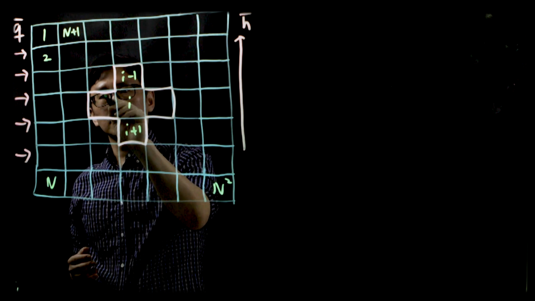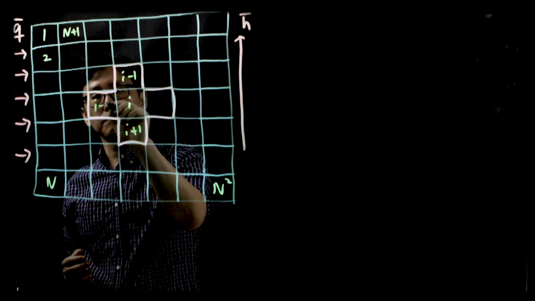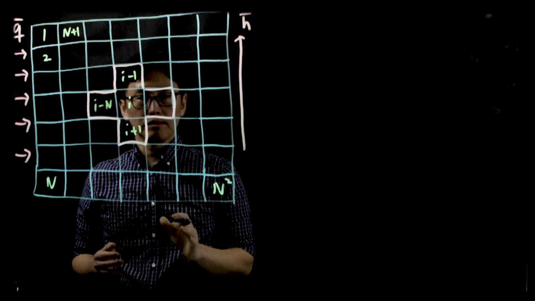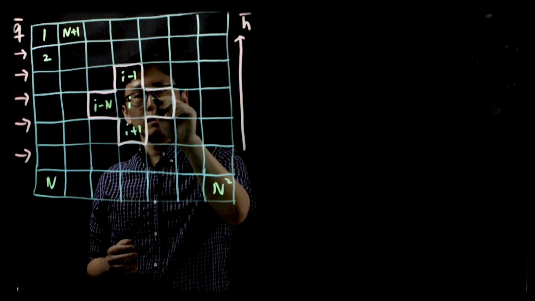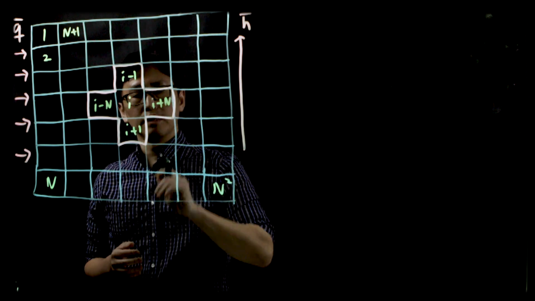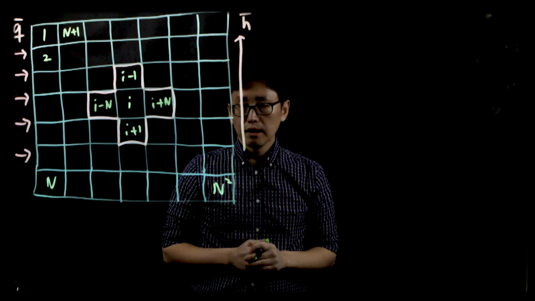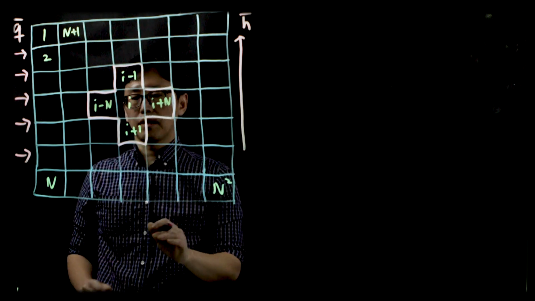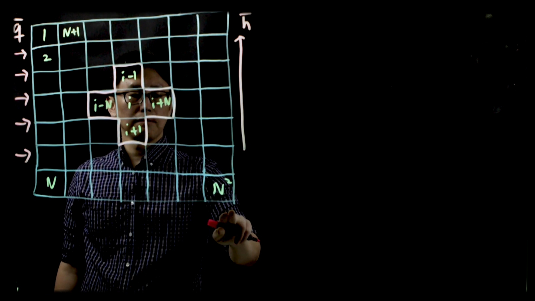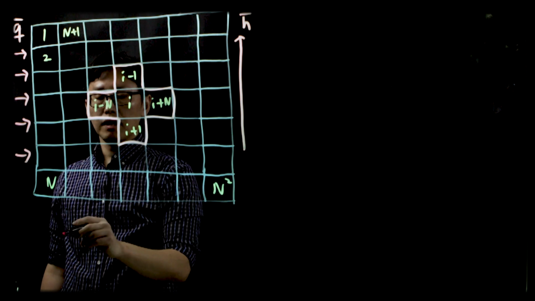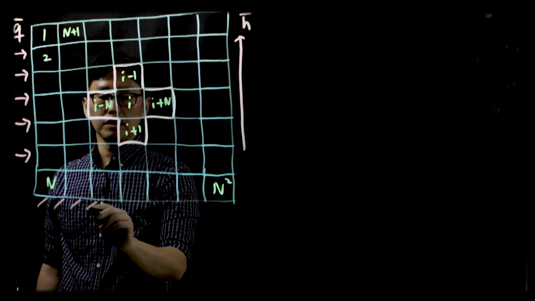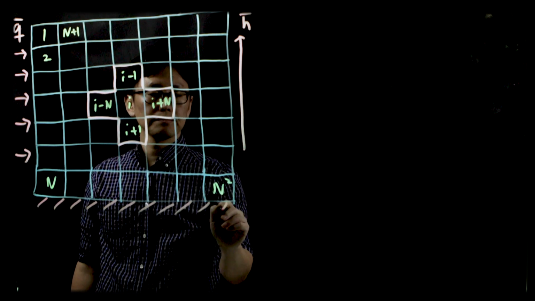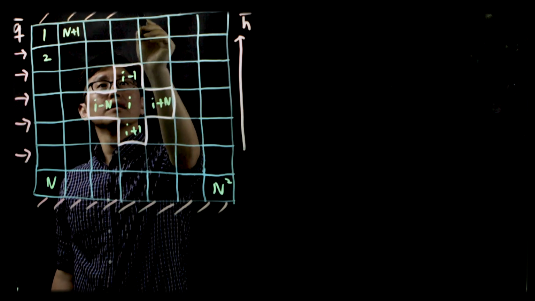So this cell should be numbered as I minus n, and similarly, this cell should be numbered as I plus n. And I forgot to mention the other boundary condition on the bottom and the top boundary, which is the impermeable boundary condition.